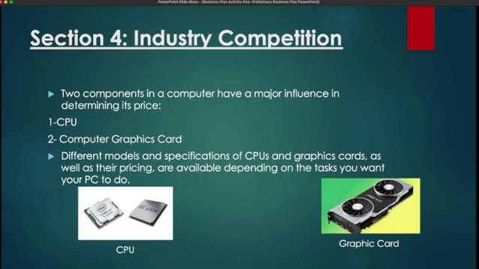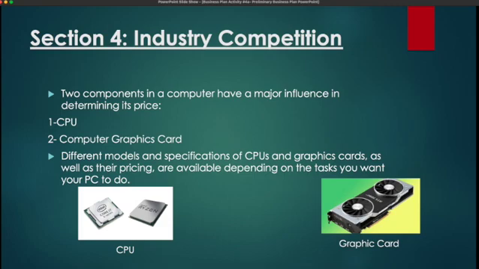However, there are two major components in computers that can change the price very easily and fast. They also have an important role in changing the equations for computer prices. First of all would be the CPU, and the second one would be the graphic card.